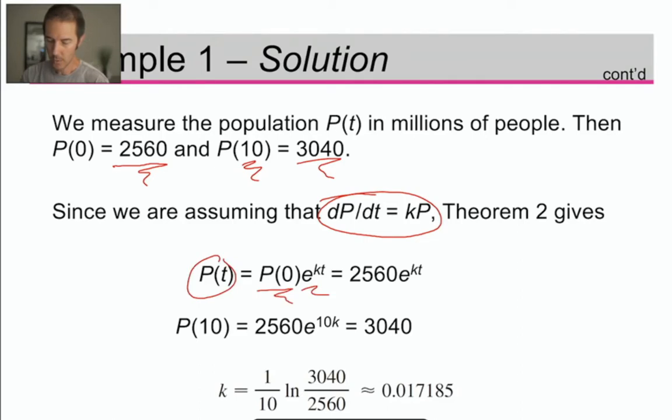And we know because we were told that in the year 1950, our initial population was 2,560. That's being measured in millions. We were also told that 10 years later in the year 1960, that our population in 1960, so P sub 10 was equal to 3040.